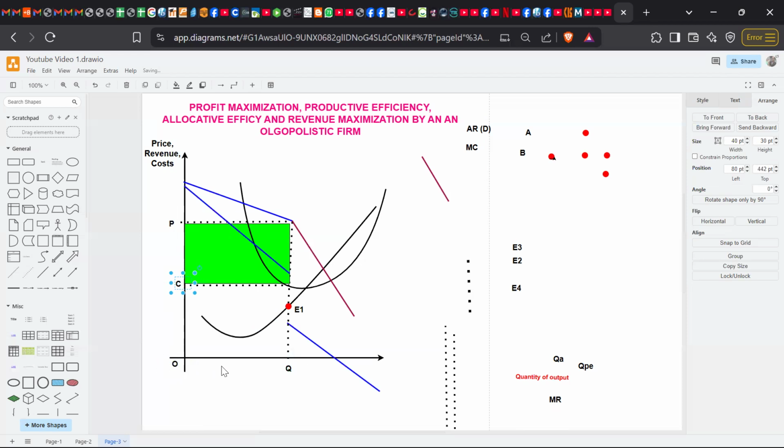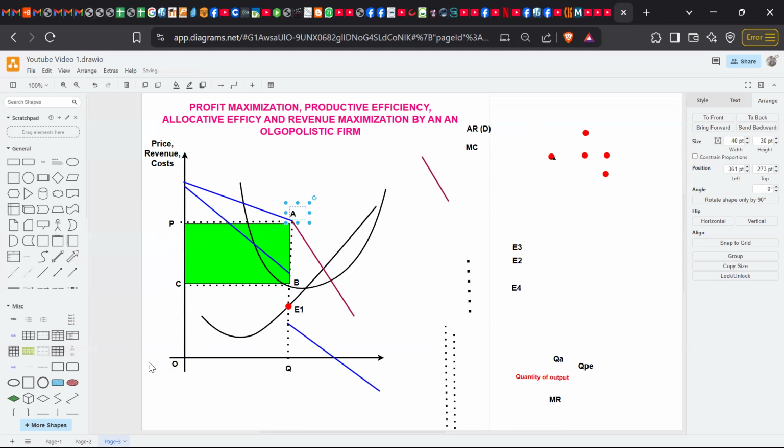So OQ times OC is equal to the total cost, equaling OQBC, but the total revenue, which is derived by multiplying OP price with OQ quantity. So the firm is having a total revenue equal to OQAP.